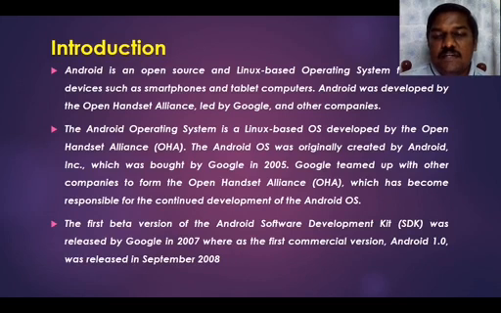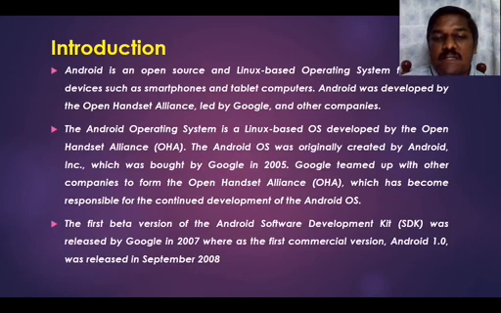Google started creating the operating system in early 2005, especially for mobile devices. Then later on they gradually increased the features of the operating system.